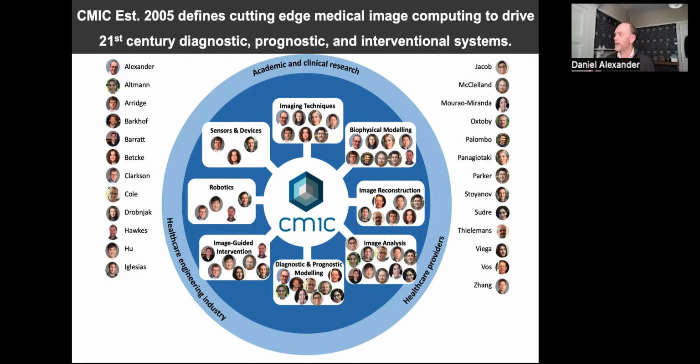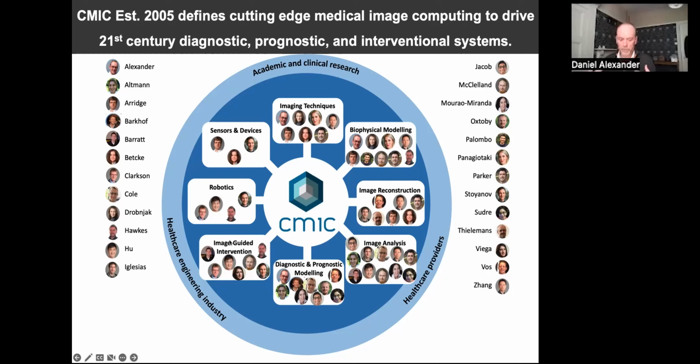And that critical mass gives us a capability to focus all the way across the imaging pipeline, from very basic engineering advances in imaging techniques, devices and sensors and so on, kind of going around this circle through to people doing modeling, image reconstruction, and then various image analysis groups, disease modeling, through to frontline clinical systems.